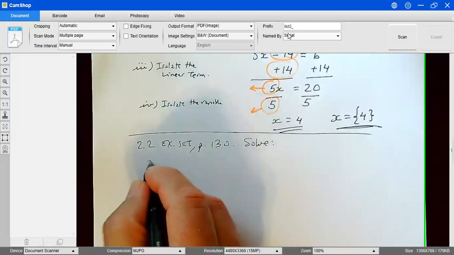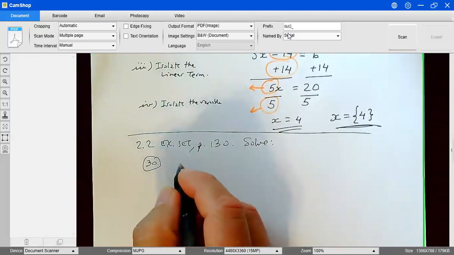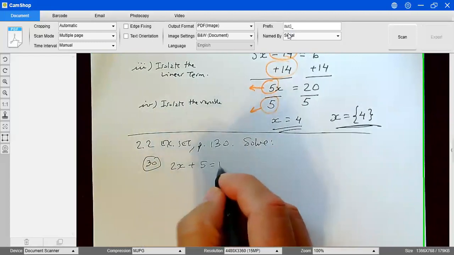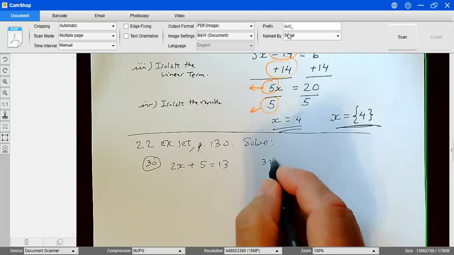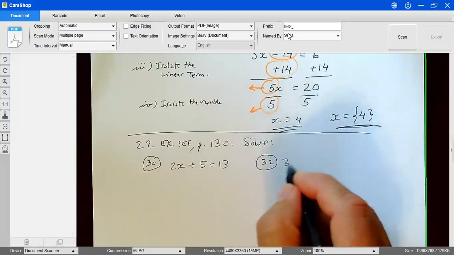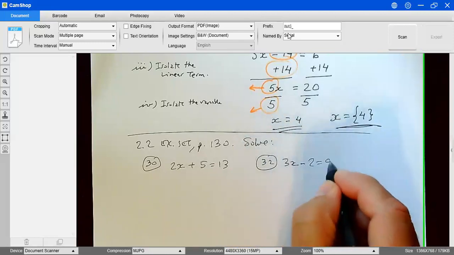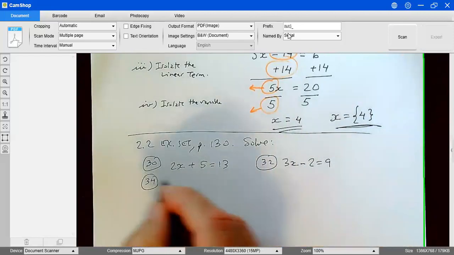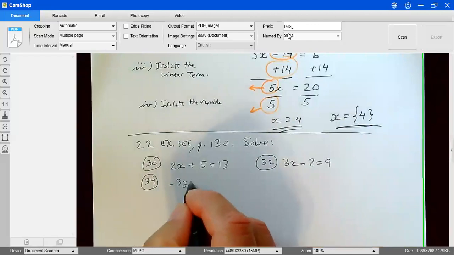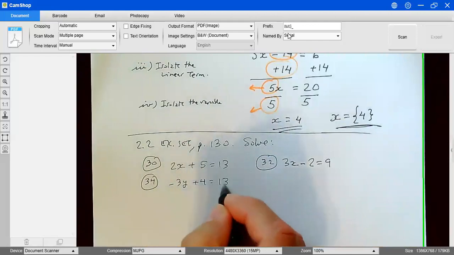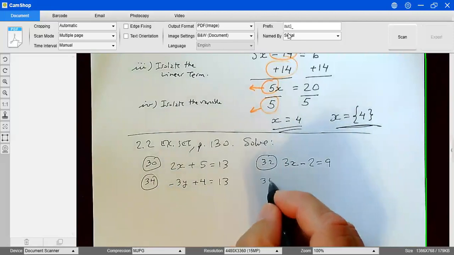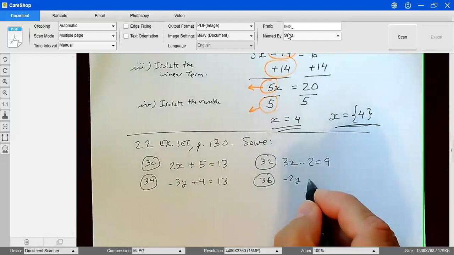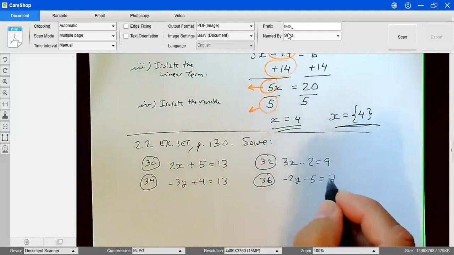Let's see. So we have problem 30: 2x plus 5 equals 13. Problem 32 is 3x minus 2 equals 9. Then 34 is negative 3y plus 4 equals 13. 36 is negative 2y minus 5 equals 7.